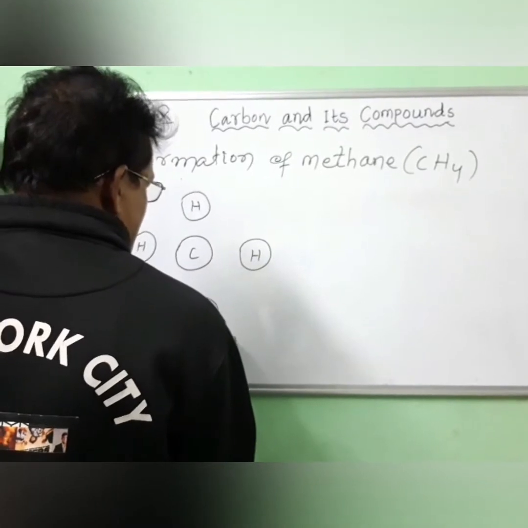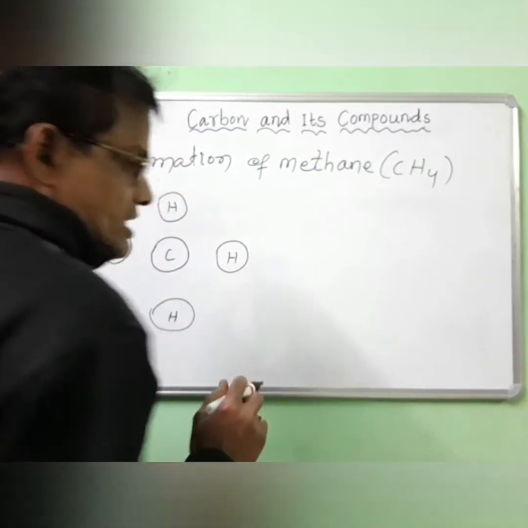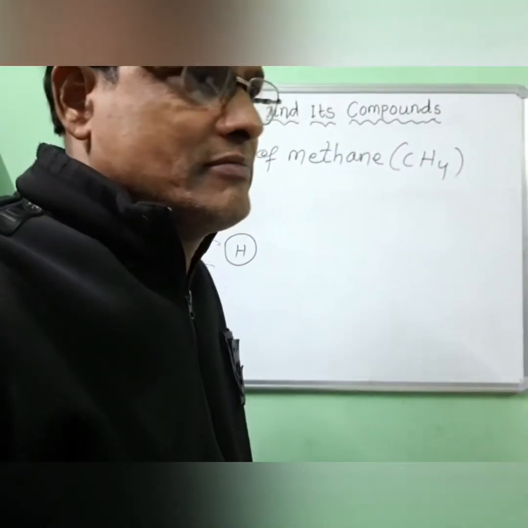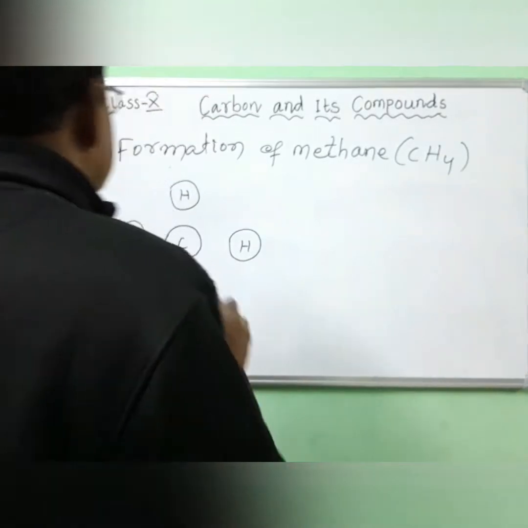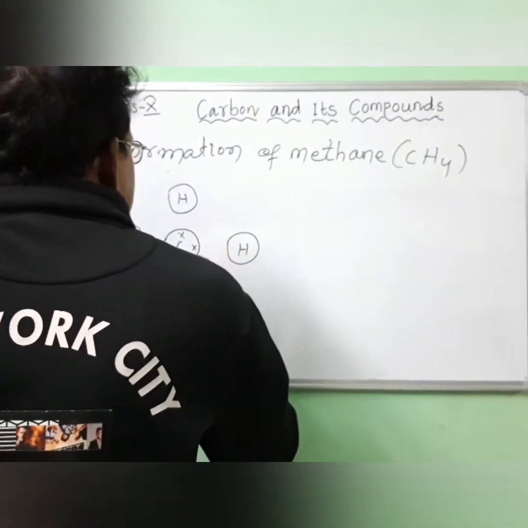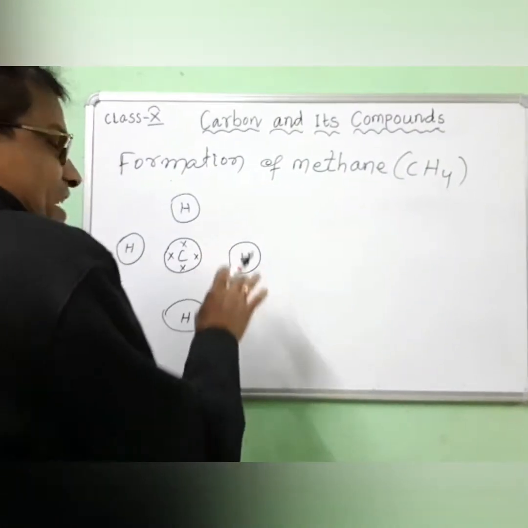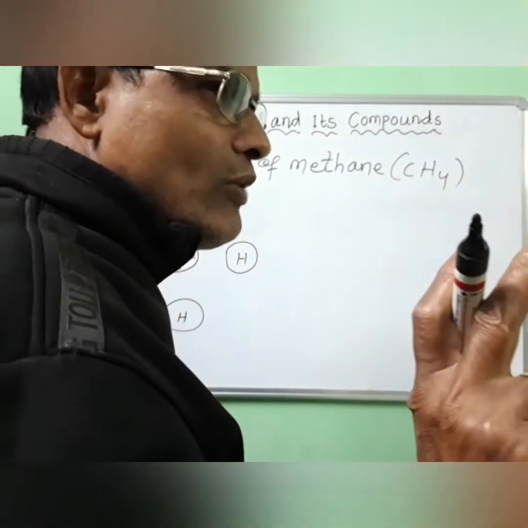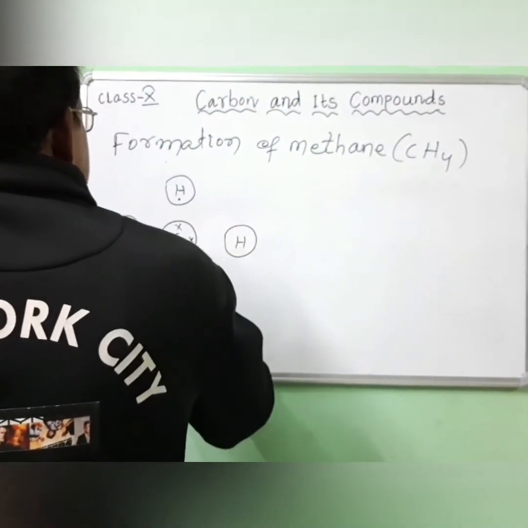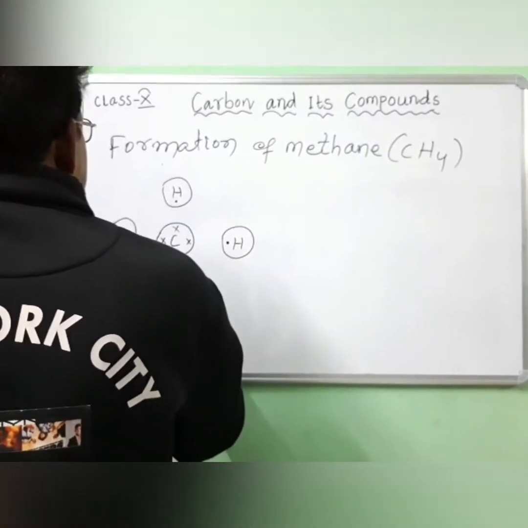Here also a hydrogen atom. Clear? Now carbon has 4 valence electrons. Each hydrogen atom has only 1 valence electron. Clear? Okay.